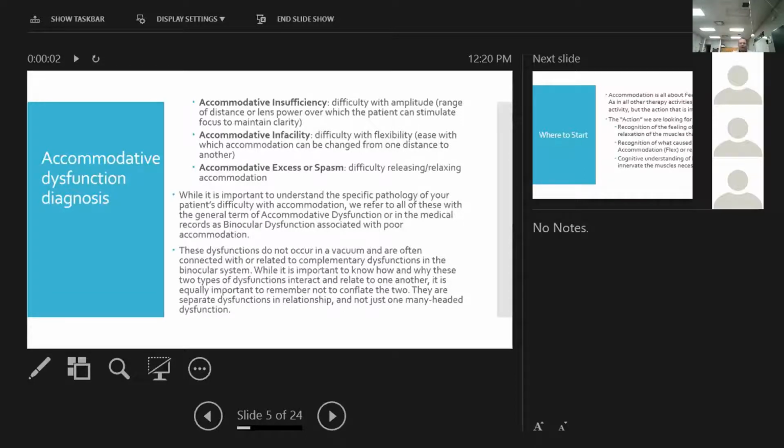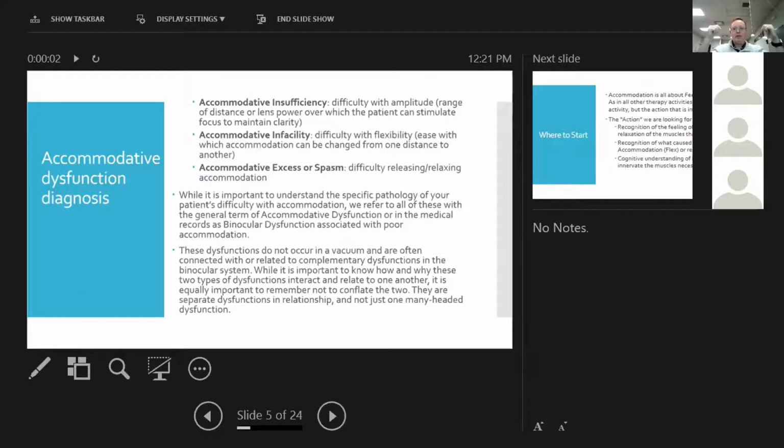So if we think about accommodation, when the doctor is testing them, they have them in the phoropter looking at a target, and it may be a near target or maybe a far target, depending on what the doctor's using. They're going to start to click in minus or plus, and let's just say it's minus.